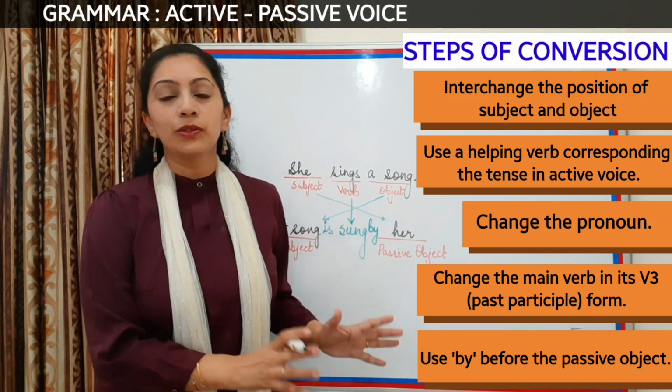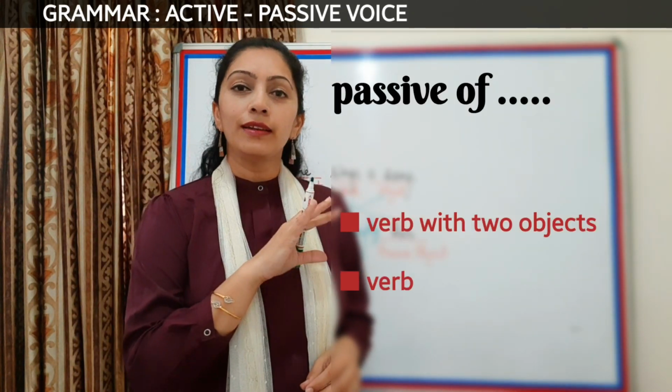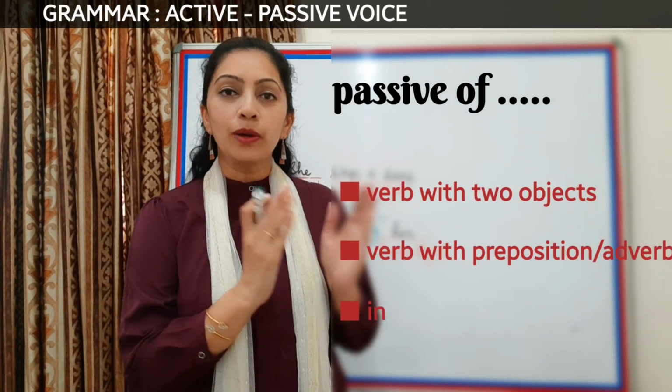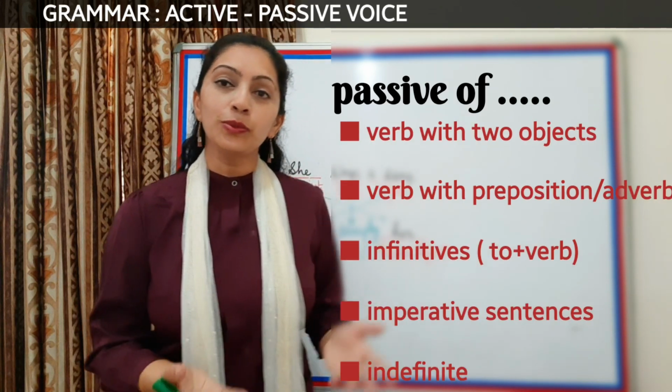Now these were the basic rules of changing active into passive. Now let's look into some very different points where you have to take care of certain aspects before changing active into passive.